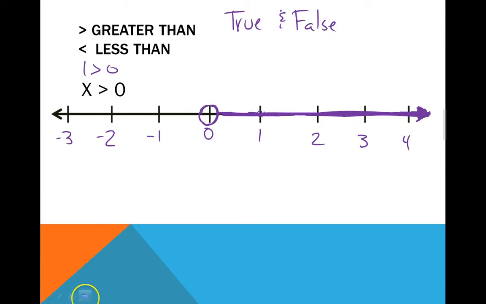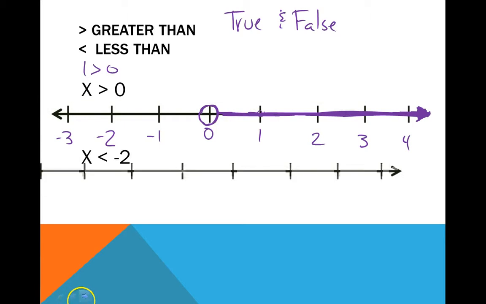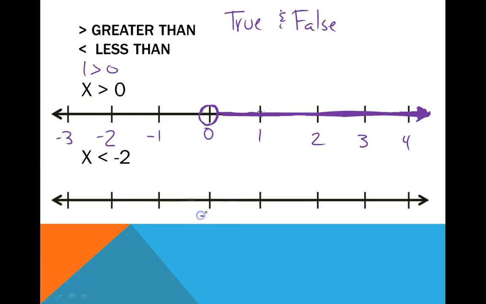Let's do one that is x is less than negative 2. So I'm going to have a number line. In the middle I'm going to put negative 2, and then we'll finish it out. Negative 3, negative 4, negative 5. Since I have greater than or less than, it is an open circle. Now I have less than.